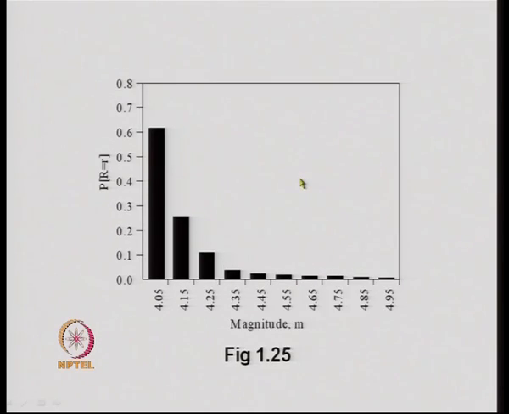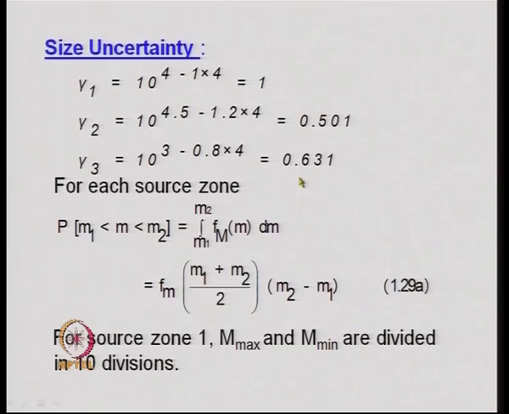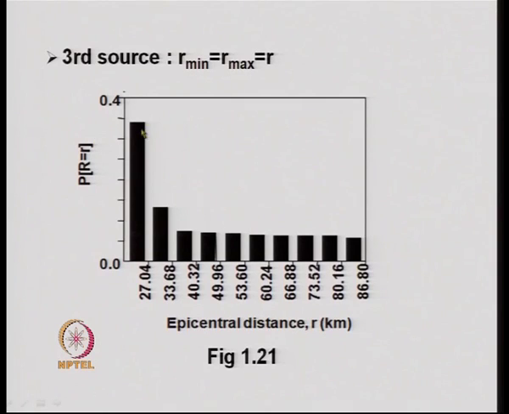For example, here one can see, this is the center of the division. For this center, the probability of occurrence is about 0.336.